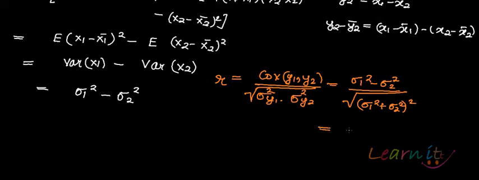On simplification, this will come out like this. So this is the correlation coefficient between y1 and y2.